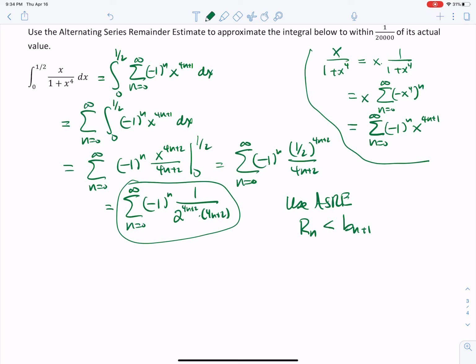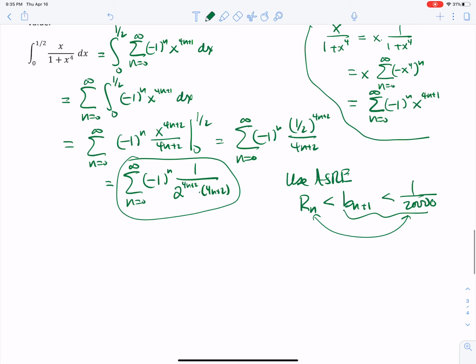And if I want to make R sub n less than 1/20,000th, I'll make B sub n plus 1 less than 1/20,000th. So I need to figure out what B sub n plus 1 looks like. And so let's just do B sub n first. B sub n here is my positive term in this series. It's going to be 1 over 2 to the 4n plus 2 times 4n plus 2.